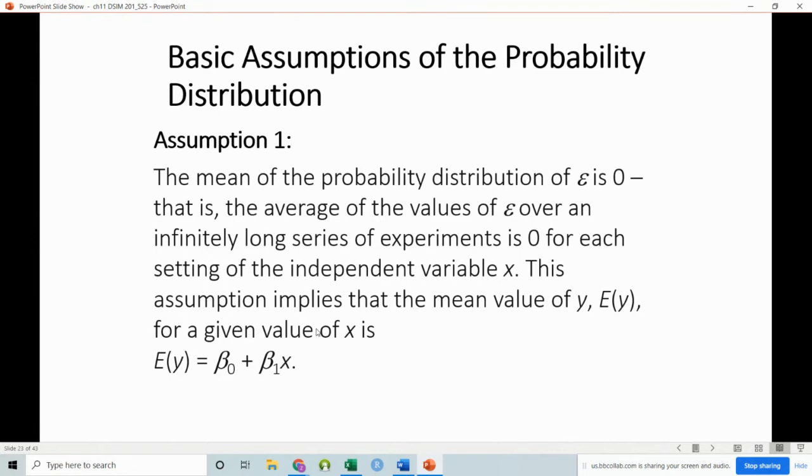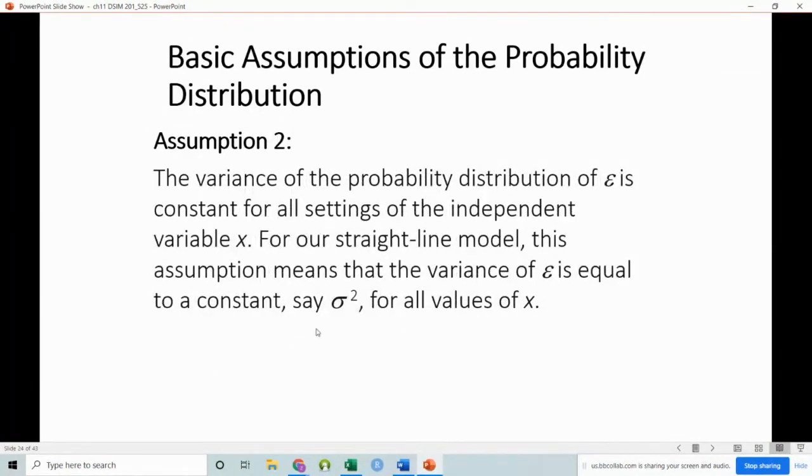This assumption implies that the mean value of y, or the expectation of y, for a given value of x is the expectation of y equals beta 0 plus beta 1x. And basically, we do not expect errors, else why would we run the analysis in the first place? So just kind of boil that down.